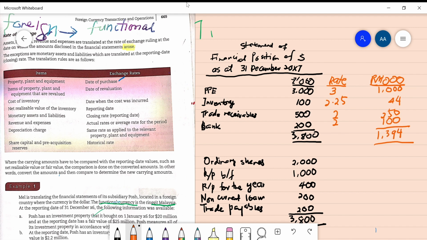Next, ordinary shares. If we look here, share capital uses the historical rate, so the historical rate when it is first acquired, at 1st January X7, which is 3.